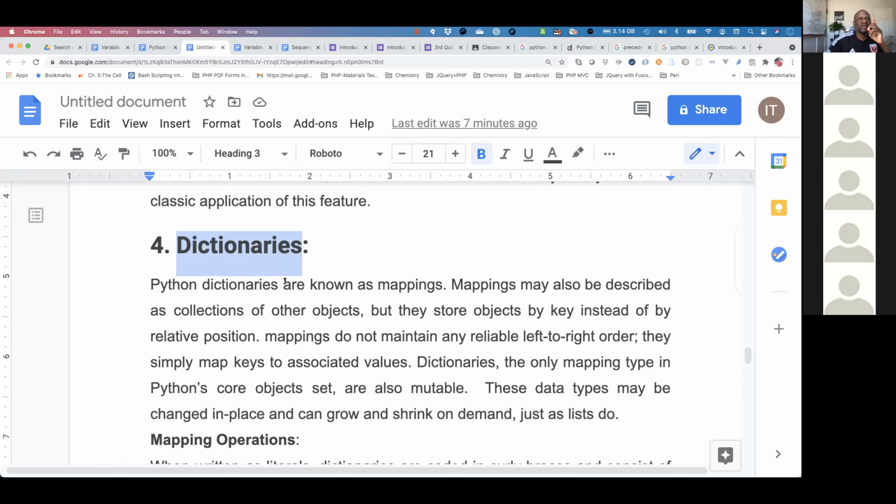Okay. Python dictionaries are known as mappings. Mappings may also be described as collections of other objects. You can put like your name, your phone number, your address. But the difference here is a Python dictionary will always be name and value pairs.